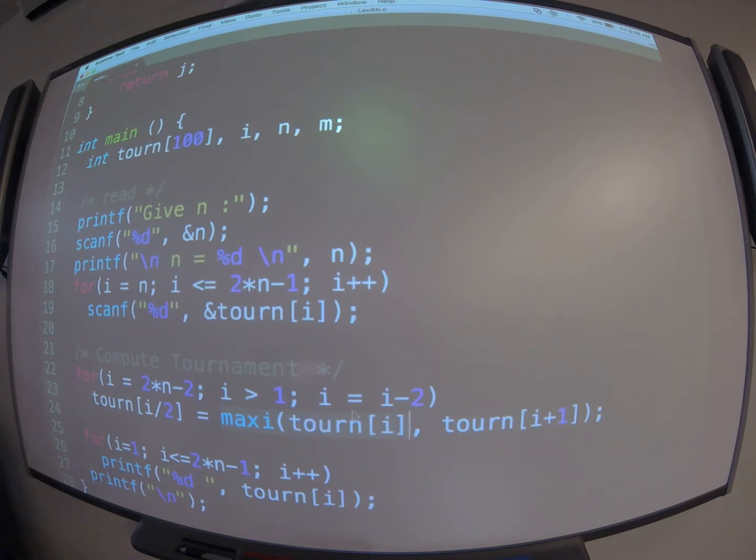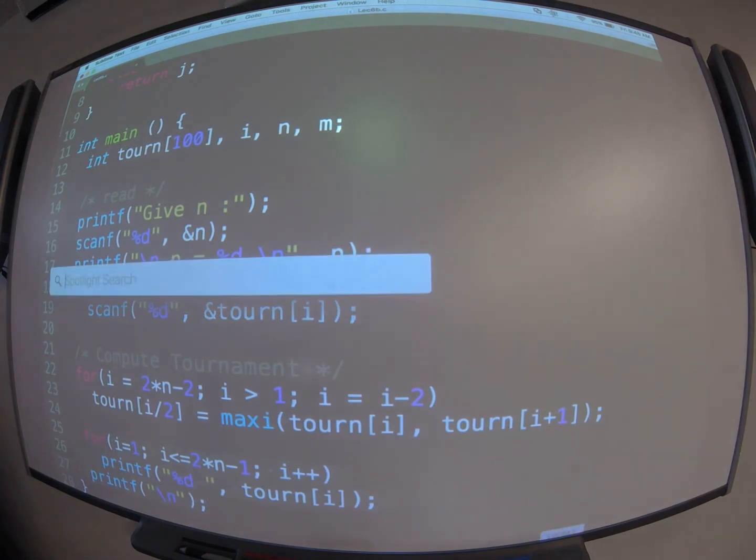Let's say I have a function that gives me that, and I place that in index I divided by 2, because I compared 10 and 11 and placed it in position 10 divided by 2, correct? So in this for loop, you have computed your maximum, and then here you can print out the tournament to look at it.